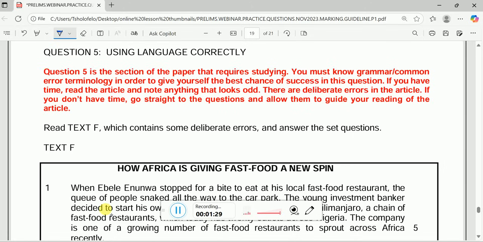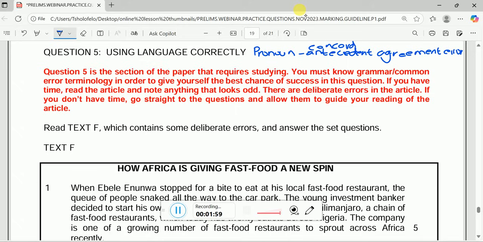In English we call that pronoun-antecedent agreement error.